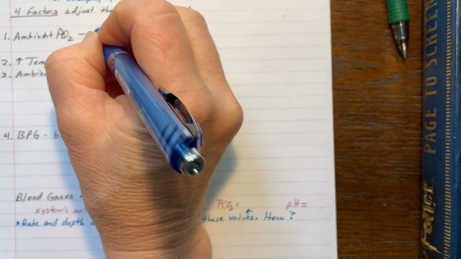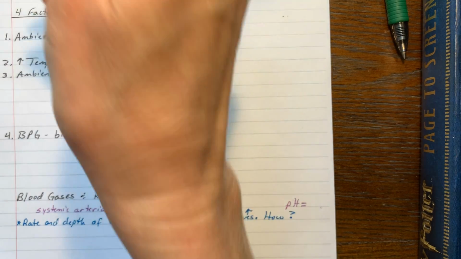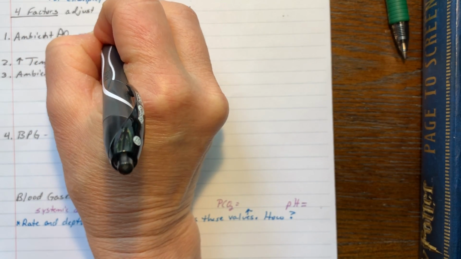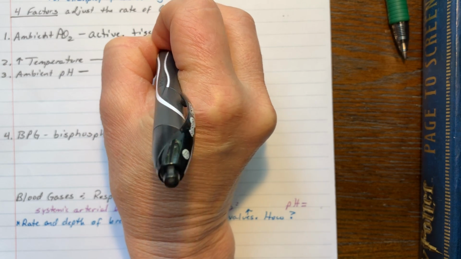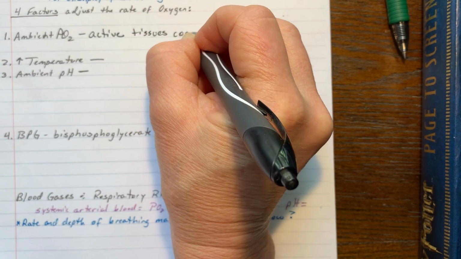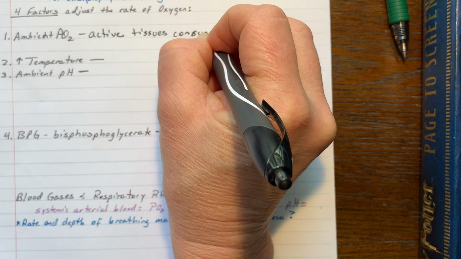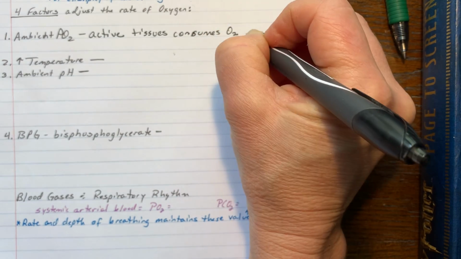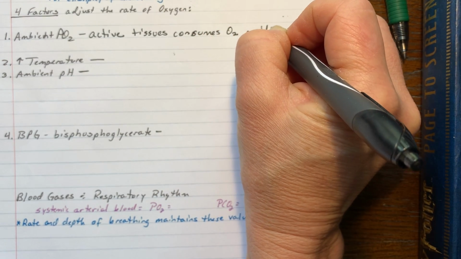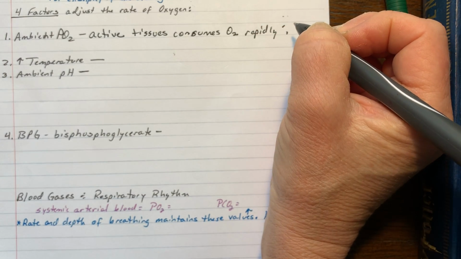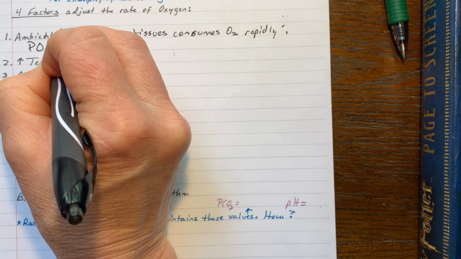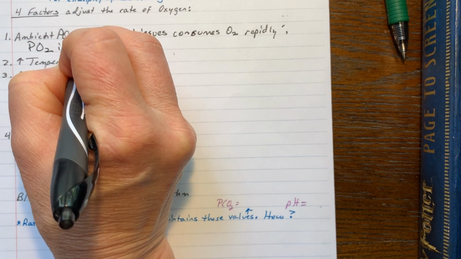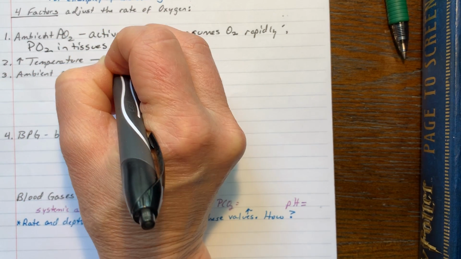So we know that active tissues consume oxygen rapidly. Therefore, the partial pressure of oxygen in tissues decreases.